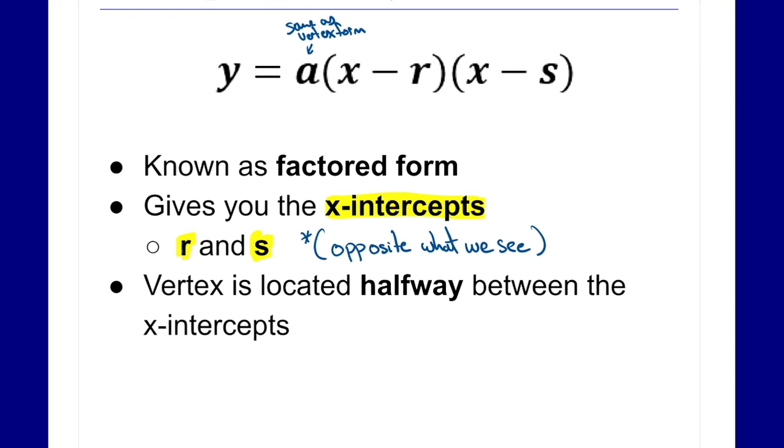So while it doesn't tell us the vertex explicitly, like the vertex form does, since we know the vertex is in the middle of our parabola, if we have x-intercepts on either side, the vertex is going to be located halfway between them, or in the middle. So if we know our x-intercepts, we can find the rough location of our vertex and then use that information to find the exact coordinates. And that's what we're going to be doing.